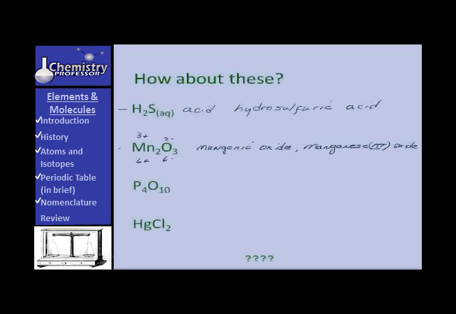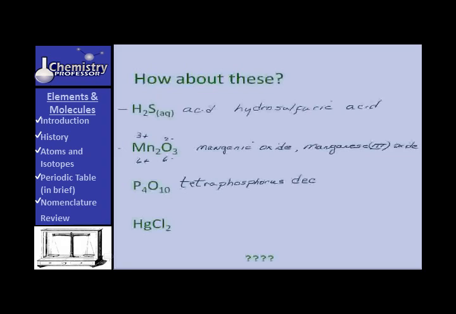All right, let's look at this next one. This is binary, but it's 2 nonmetals. And with 2 nonmetals, remember, we use prefixes. So this is tetraphosphorus decoxide.